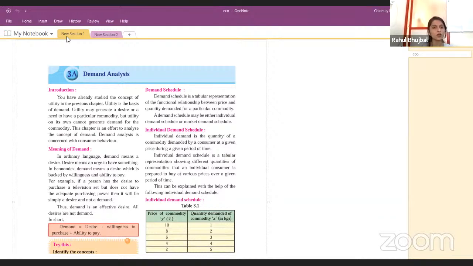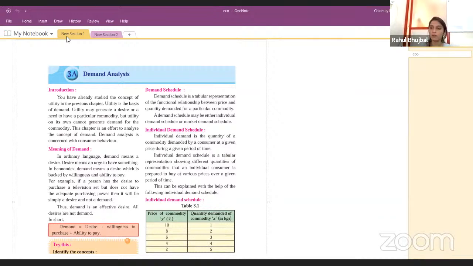अगर ऐसा क्वेश्चन आ गया तो आप क्या लिखोगे? Individual demand schedule is a tabular representation of quantity demanded by whom, by a single person at a particular price and for a given period of time. ठीक है, तो हमने कौन सी दो डेफिनेशंस फिक्स कीं? शेड्यूल की और डिमांड की. अभी मार्केट डिमांड शेड्यूल is very easy. मार्केट डिमांड शेड्यूल में क्या है? ऑल लिखना है और इंडिविजुअल डिमांड में सिंगल लिखना है. तो मार्केट डिमांड शेड्यूल में क्या लिखोगे?